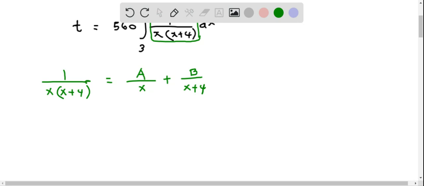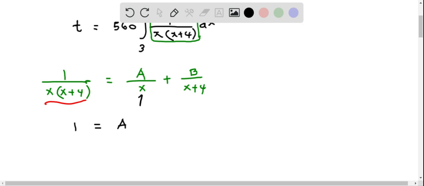To determine the values of A and B, we multiply both sides by the common denominator, x times (x plus 4). Doing so, we get 1 on the left side, and on the right, the first fraction multiplied by the term it doesn't have compared with the least common denominator.